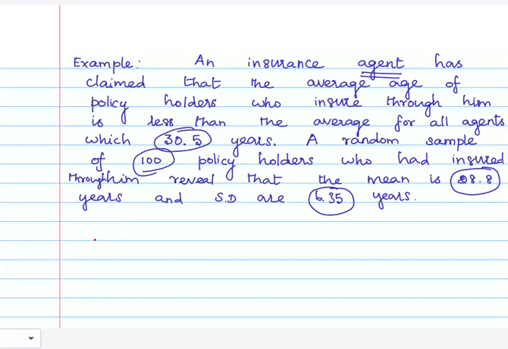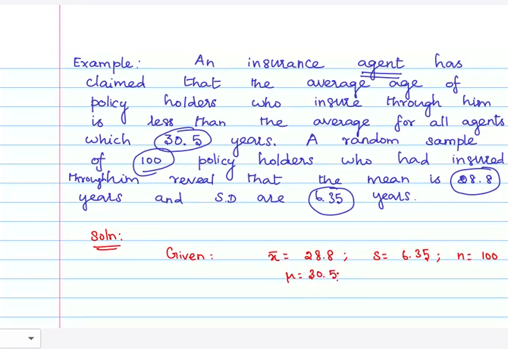I will solve this problem. First step, I will write what is given. The given is x bar is 28.8, s equal to 6.35, n equal to 100, and mu is 30.5.